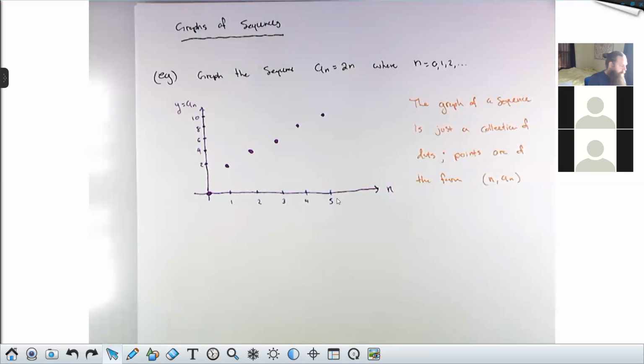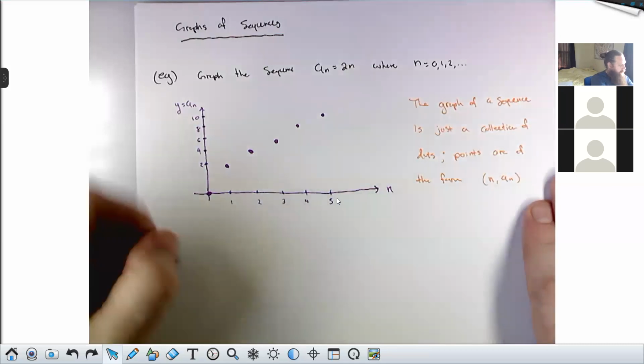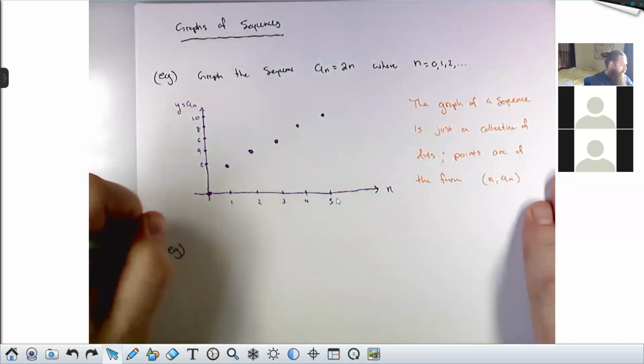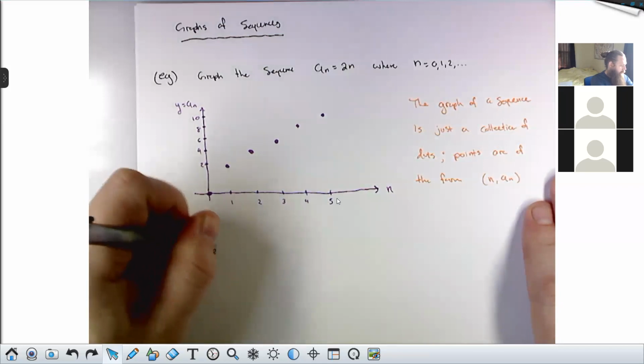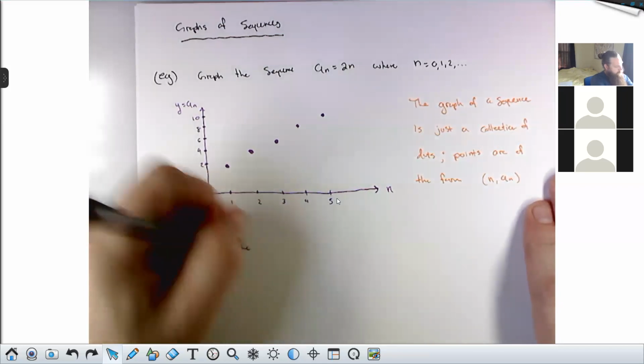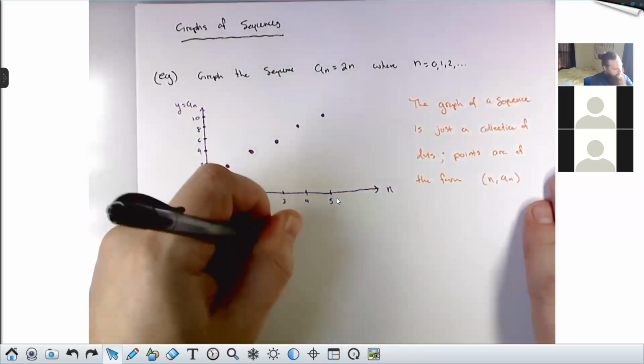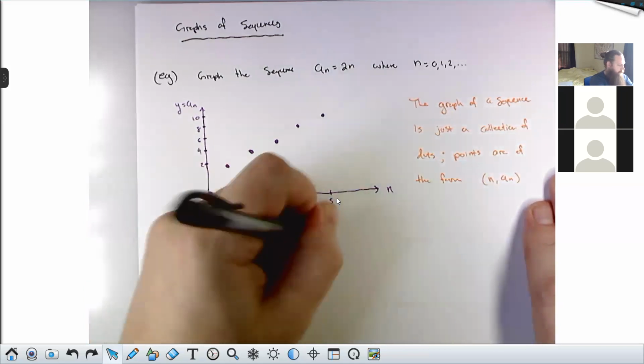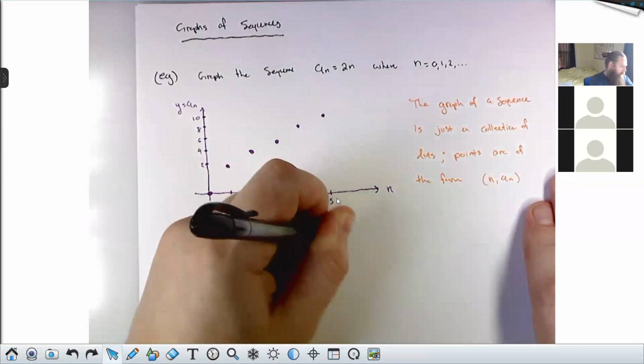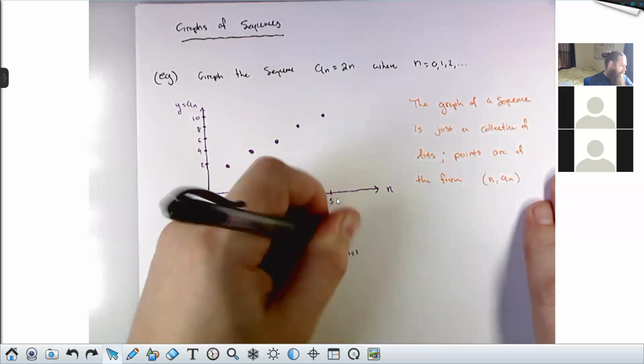Let's look at another example. Let's graph the sequence, I'll give it to us in the other notation this time, 1 over n. And here n will start at 1.